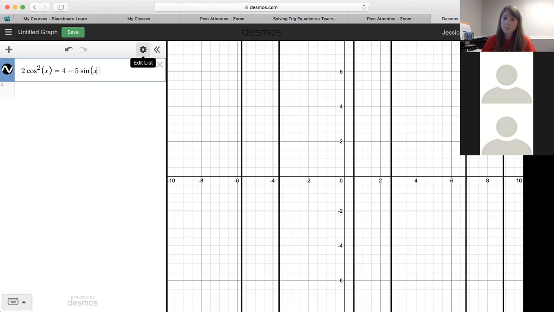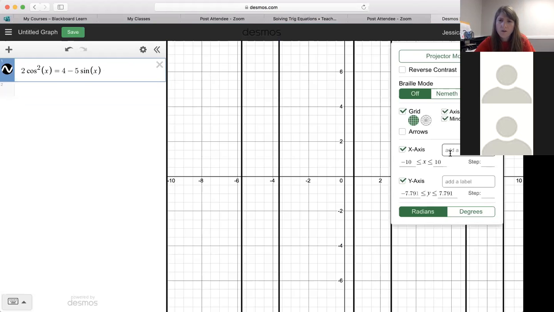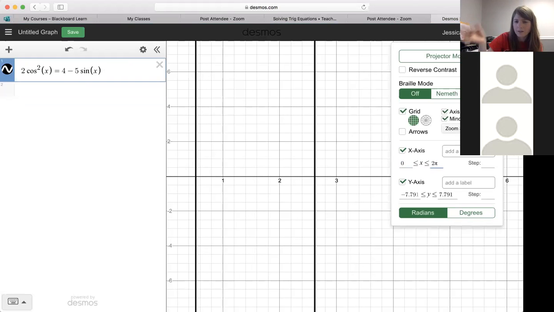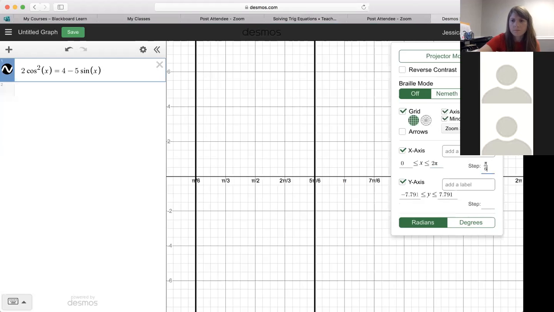So remember, when you put it with an equals, you're going to get solutions that look like this. And keep in mind, right now, we're still in radian mode, but we could go ahead and adjust. Let's look from 0 to 2 pi. And then that'll give us just 2 solutions. And then the 2 pi n will take care of the rest. And then let's make these go in steps of pi over 6. Okay, so we see our solution at 5 pi over 6 and pi over 6.